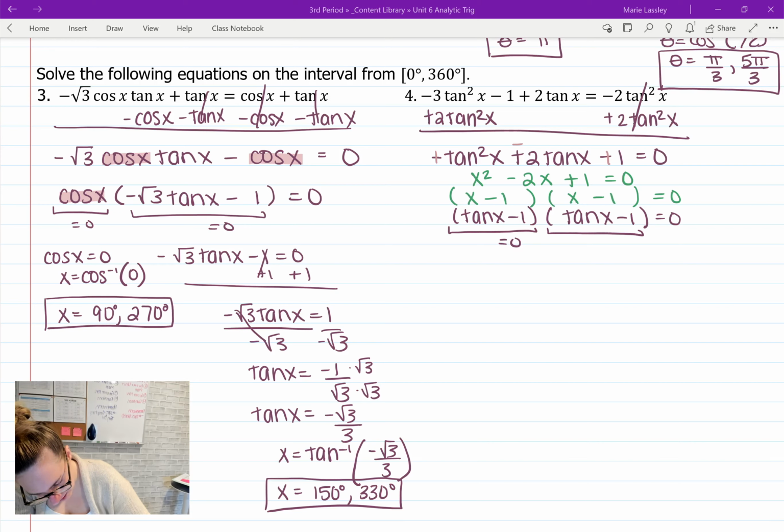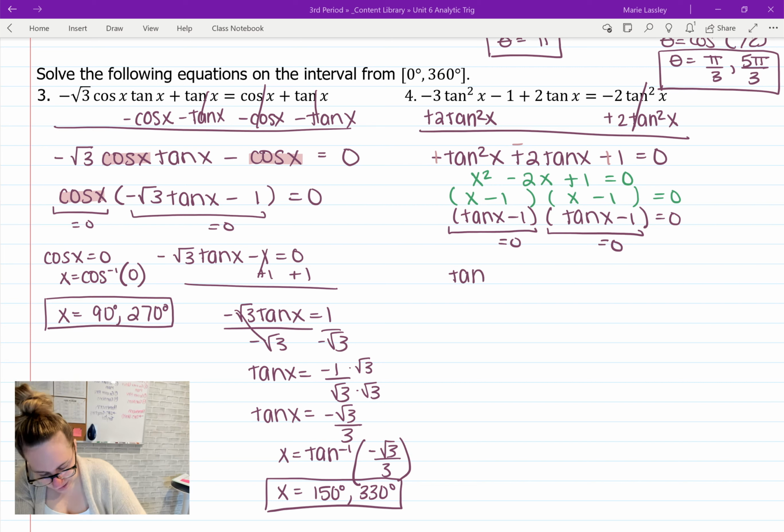So we have tangent x equals 1. Now we're going to do inverse tangent on each side. So inverse tangent of 1.